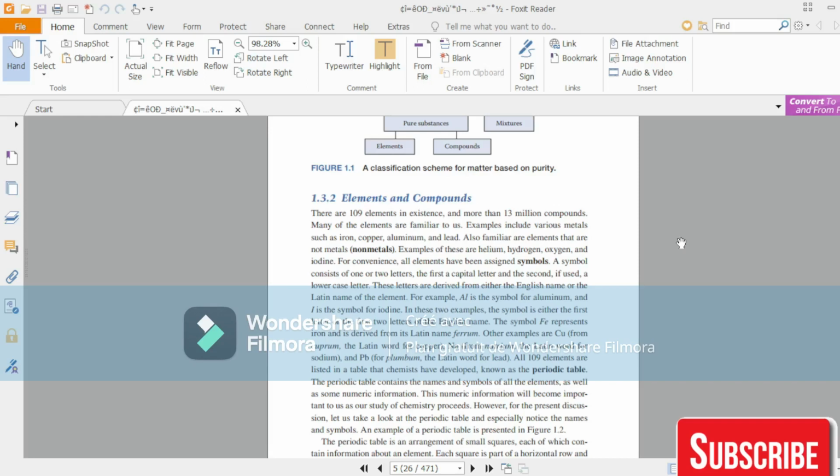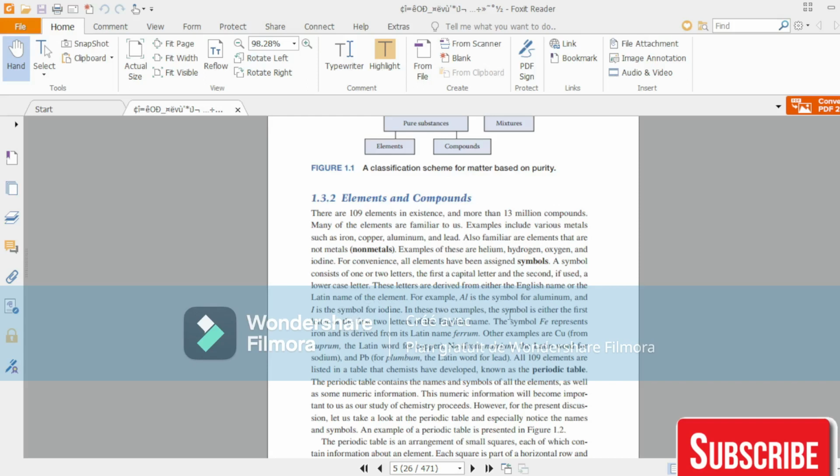For convenience, all elements have been assigned symbols. A symbol consists of one or two letters. The first is a capital letter, and the second, if used, is a lowercase letter. These letters are derived from either the English name or the Latin name of the element.